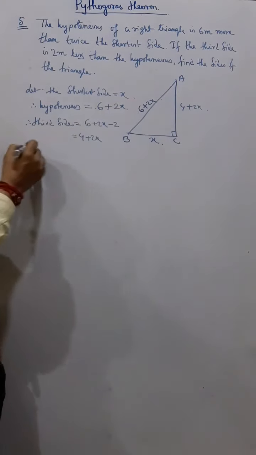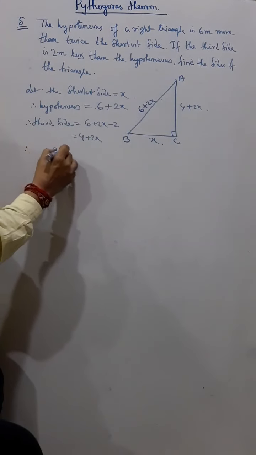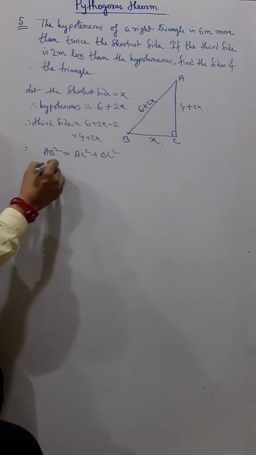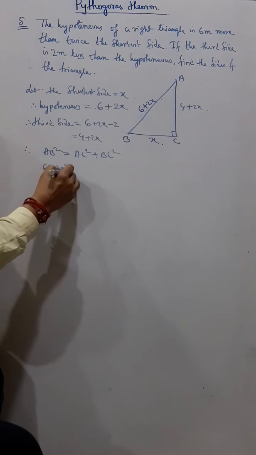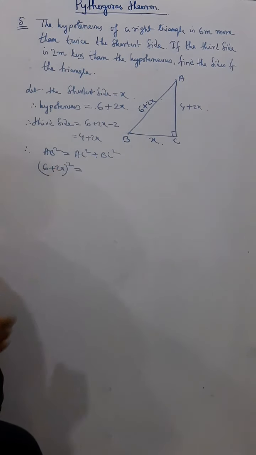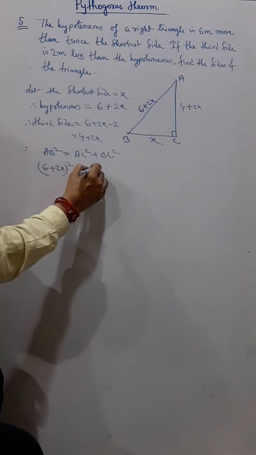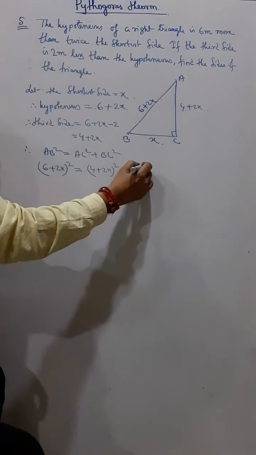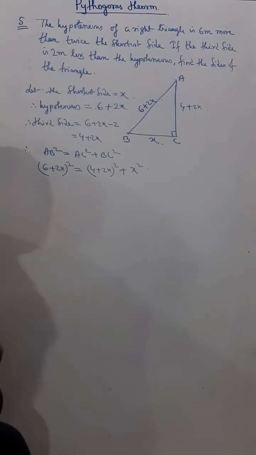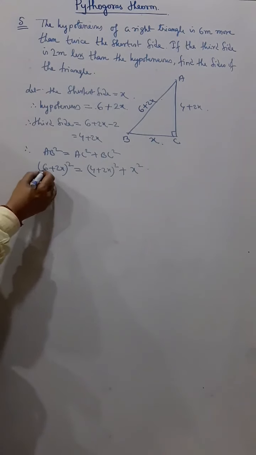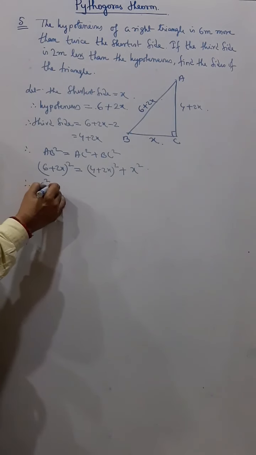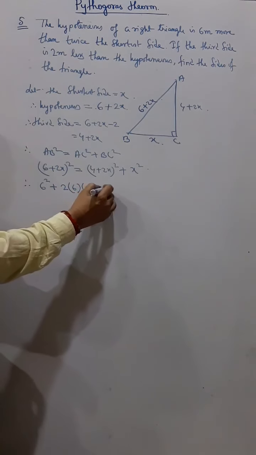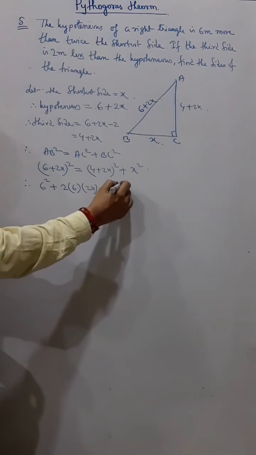And now we can use Pythagoras theorem. So we can say AB square is equal to AC square plus BC square. So you got 6 plus 2x whole square, AB square. AC is 4 plus 2x whole square, and BC is x square. Okay, and now we'll solve. A plus B whole square, so A square plus 2 into A into B plus B square.